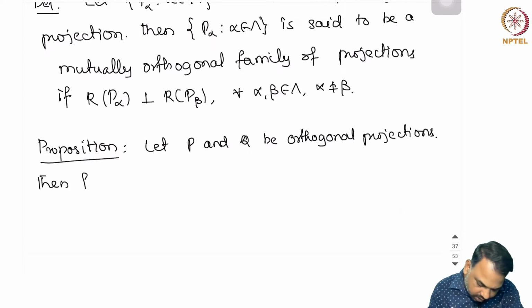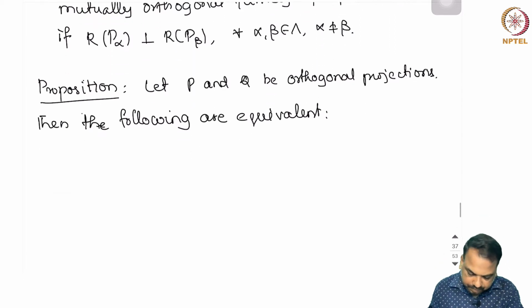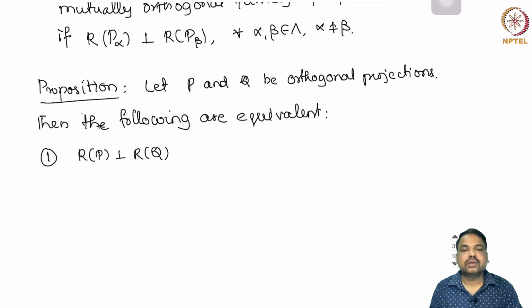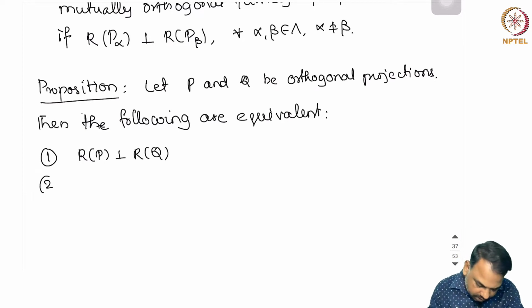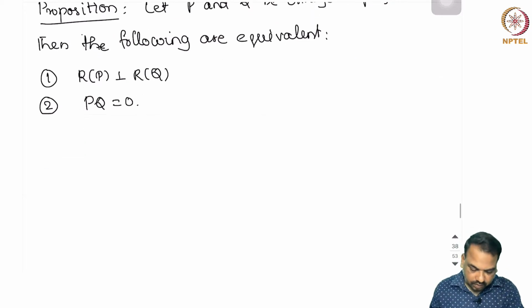Then the following are equivalent. The first one is range of P is orthogonal to range of Q. That means P and Q are mutually orthogonal. The second one is the product PQ is 0.